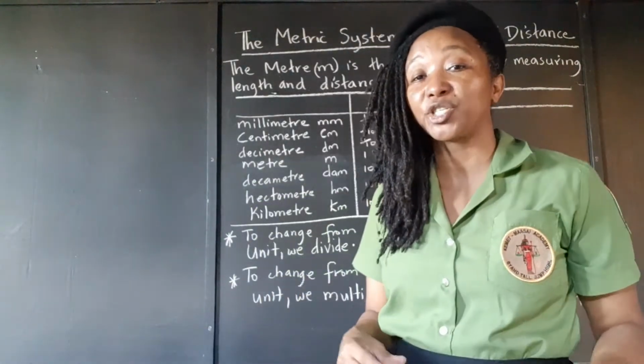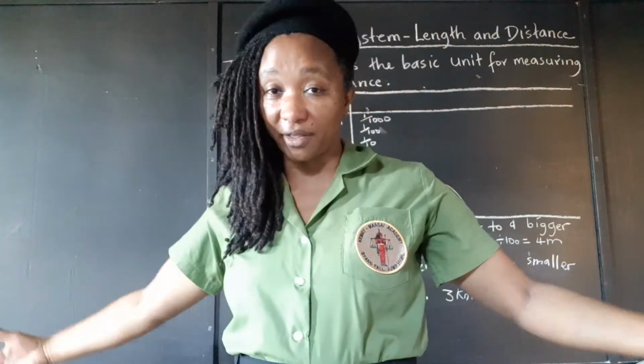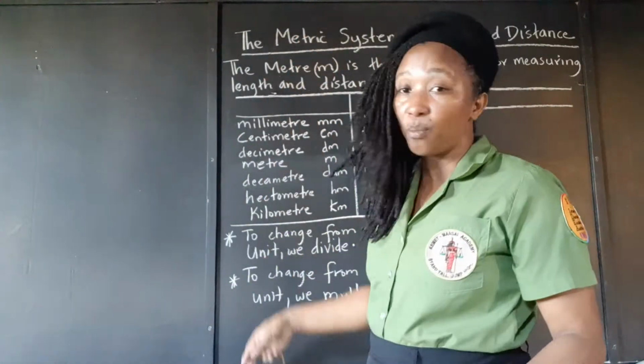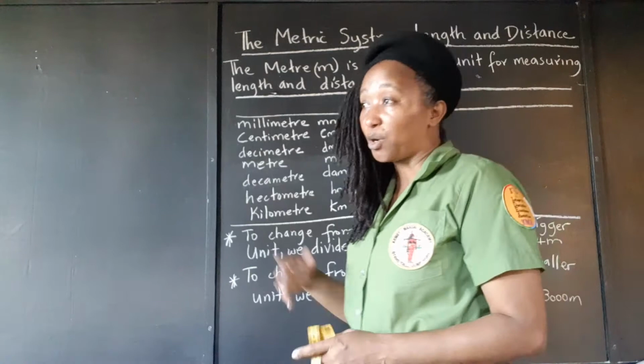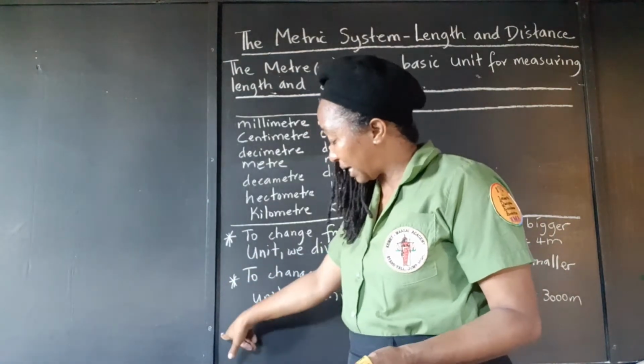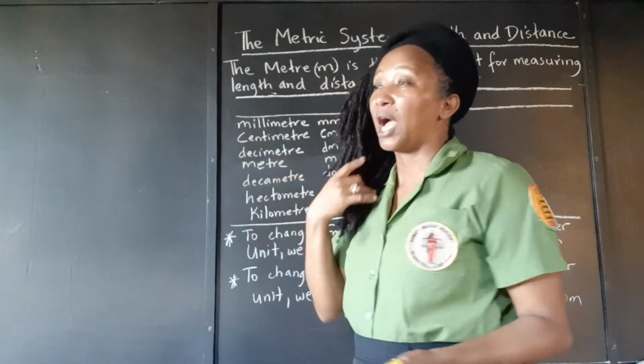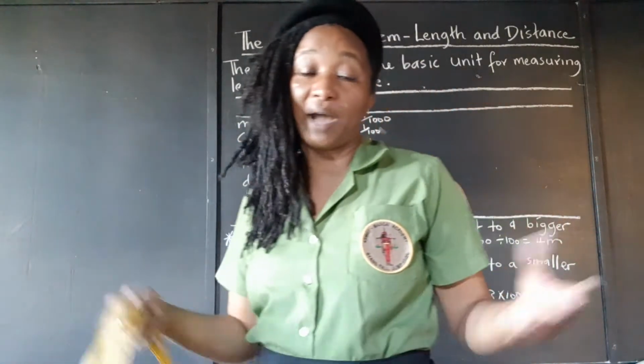Suppose we want to measure taller things, longer things. Suppose I wanted to measure the chalkboard, right? I could get my ruler and put it up against it and then keep marking and keep measuring. I could express it in millimeters if I wanted to.